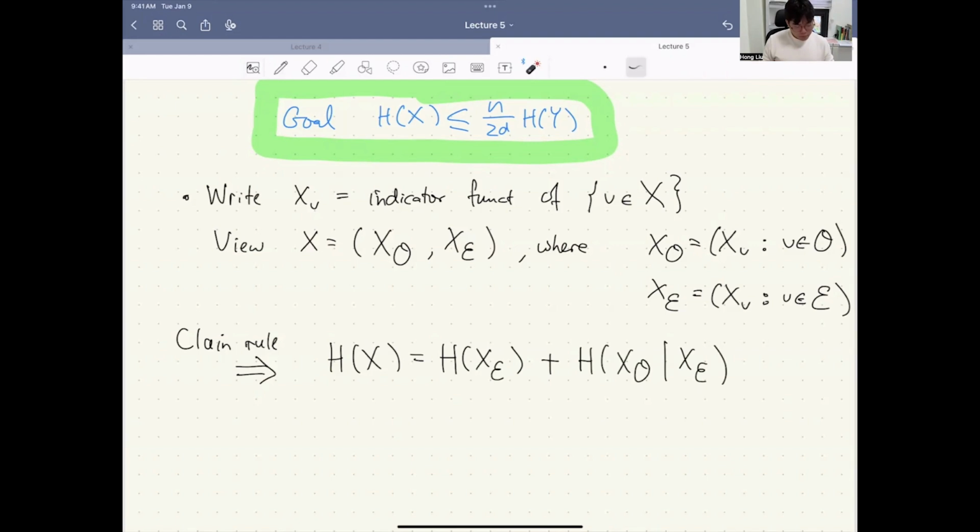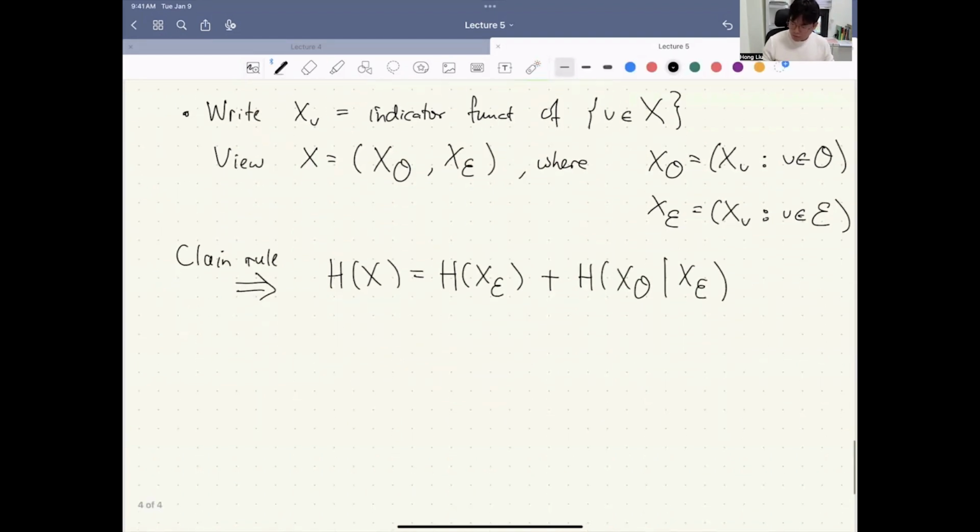Okay, so let's use Schur's lemma to bound this. We're going to use Schur's lemma.